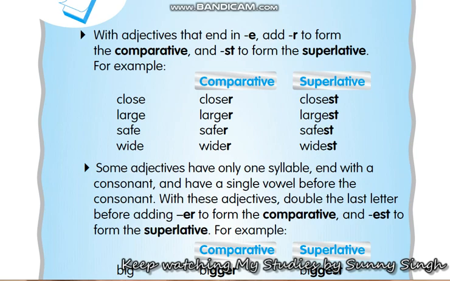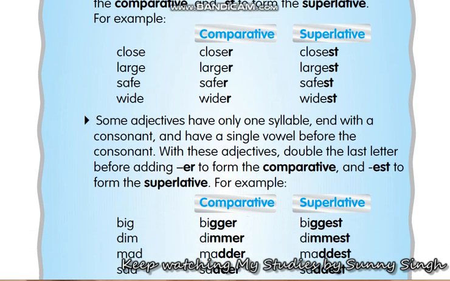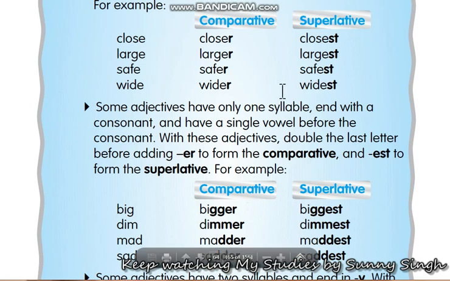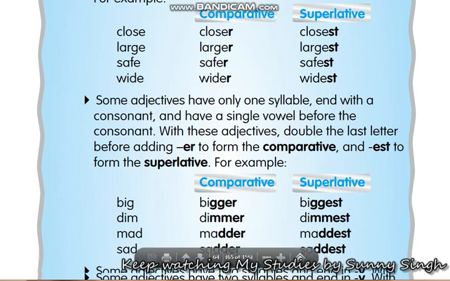The next rule says some adjectives have only one syllable. Guys, this syllable is very important for learning language. Syllable is a unit of vowel sound in a word. So a one-syllable word doubles its consonant while adding the comparative or superlative form.